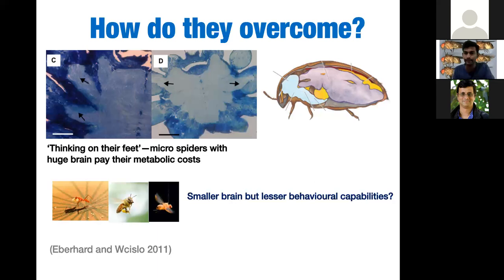Yeah. And we know that in many insects, there need not be spikes. We can also get neurons which are just graded potential.